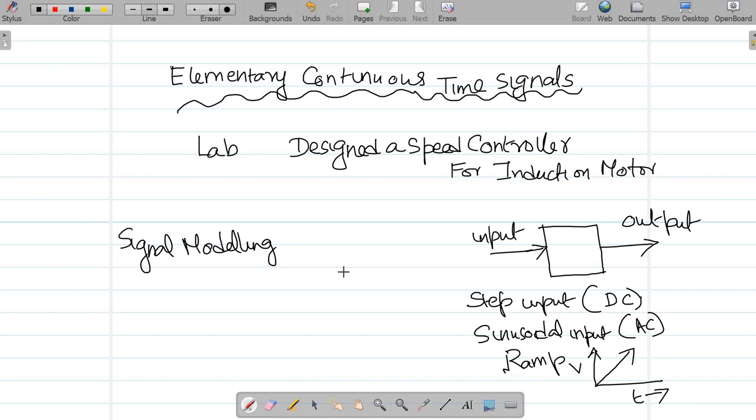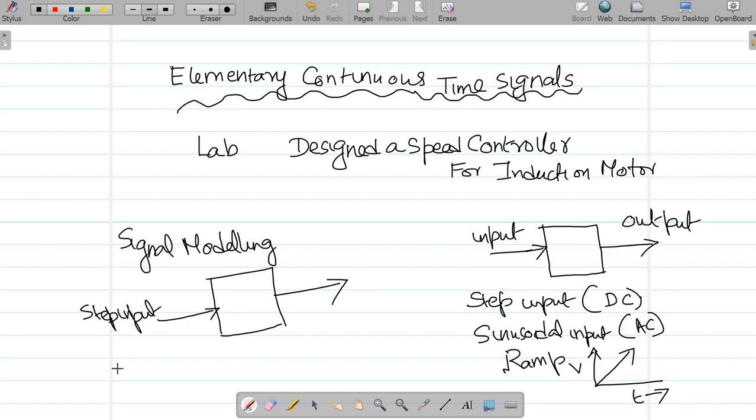Now, in industry, before the hardware is built, the induction motor drive is actually modeled in software. The performance of the model developed in software is first tested using inputs, and these inputs will again be the step input, which can be easily generated using some circuits.